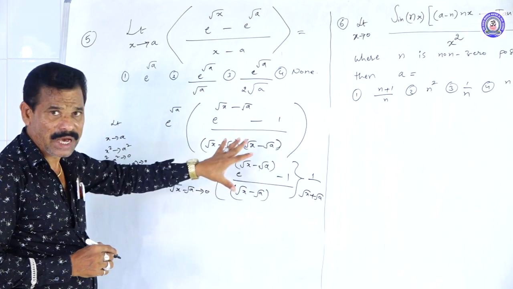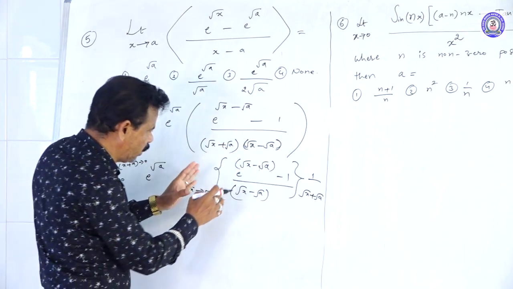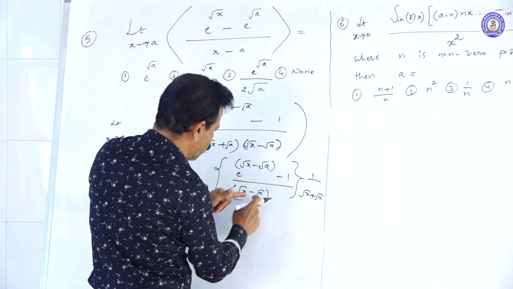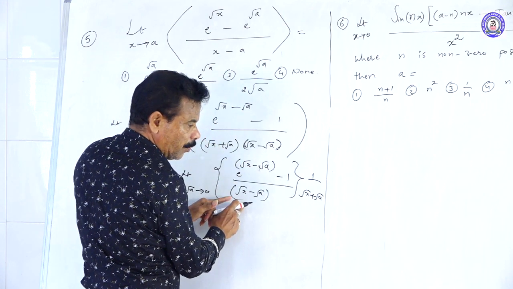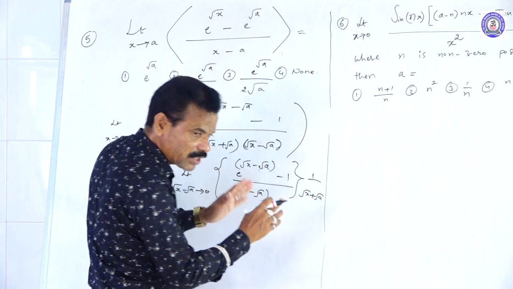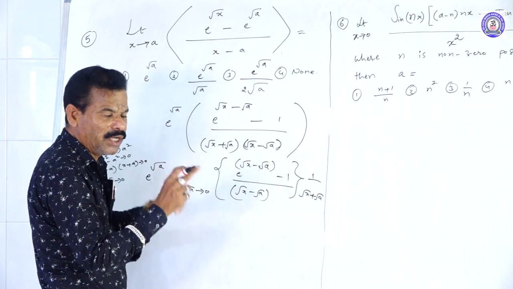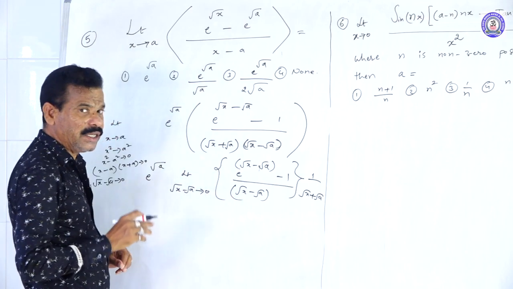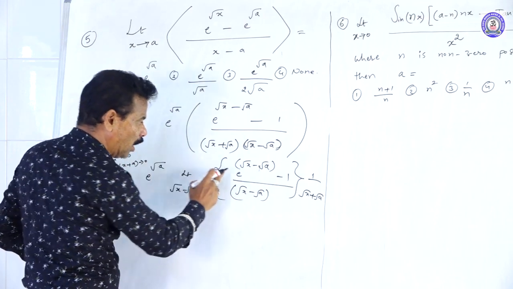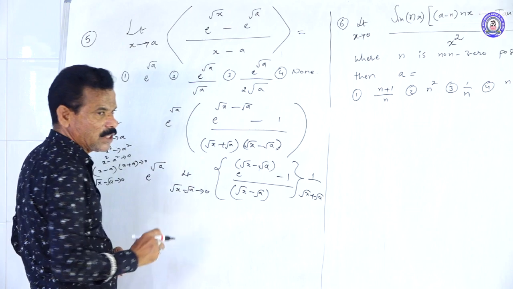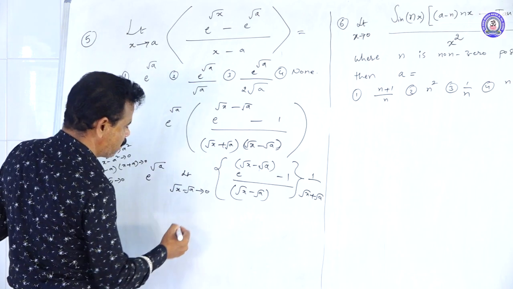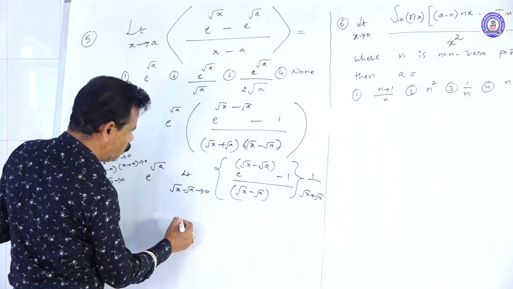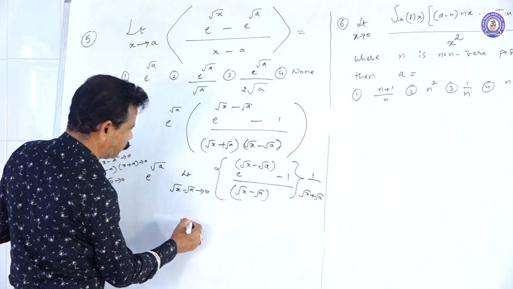Then this function is balanced. According to this, e power of x minus 1 by x formula gives 1, not log a. If a is there, that answer is log a, but this is e, the exponential series. So this value is 1.